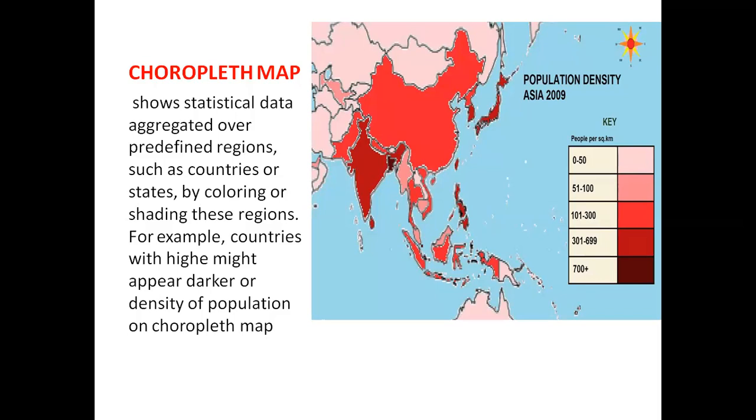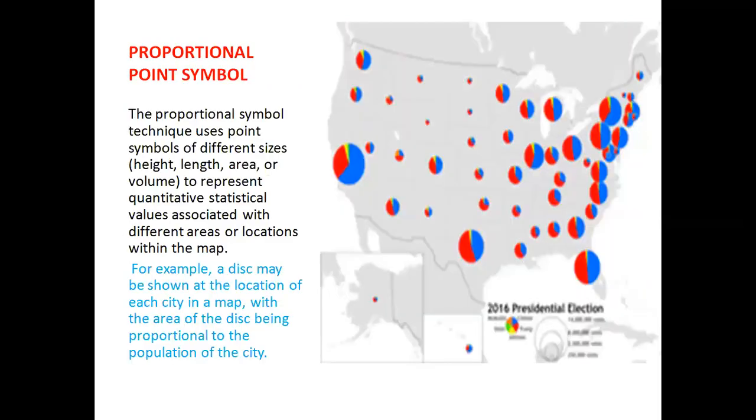So entire China, India, Pakistan, and some other parts of the southern countries of South Asia show different colors, with the colors showing the population density during 2009. So countries with a high density of population might appear darker on a choropleth map. This is another thematic map.